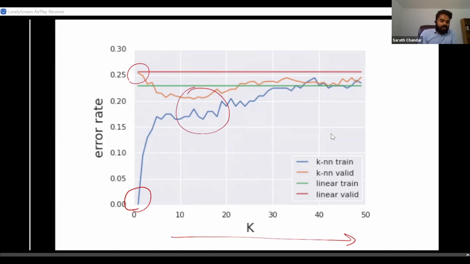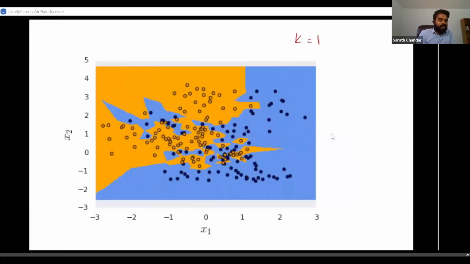I have also plotted the error rate of the linear classifier, the linear regression model, and you can see that the linear model has almost 0.26 error rate. The k nearest neighbor is doing better than the linear model, which is understandable because k nearest neighbor can have complex non-linear decision boundaries, which is not possible with a linear model, which can only draw a line.